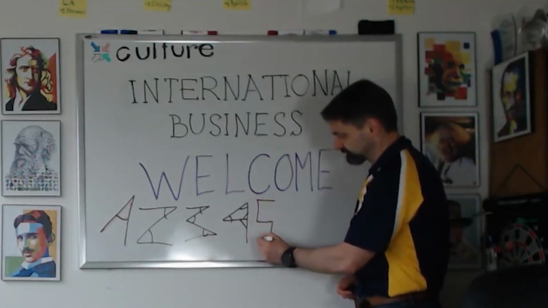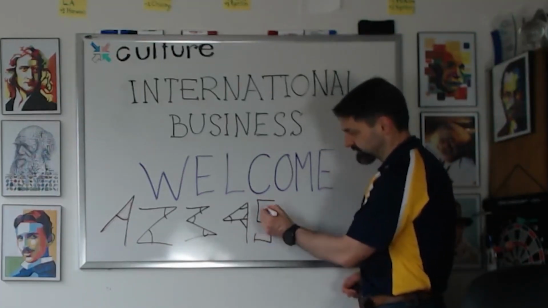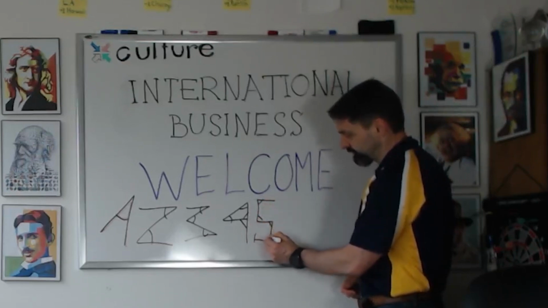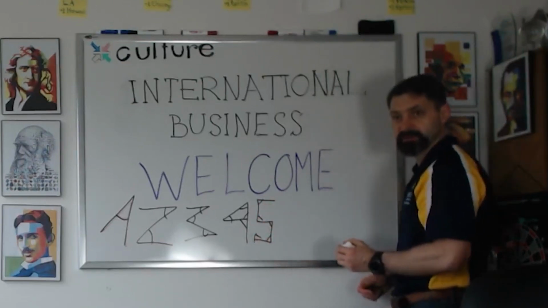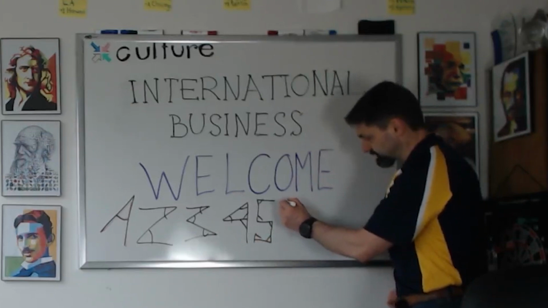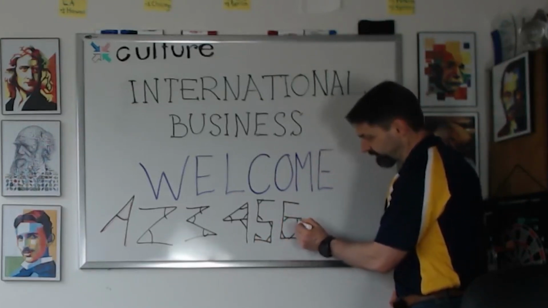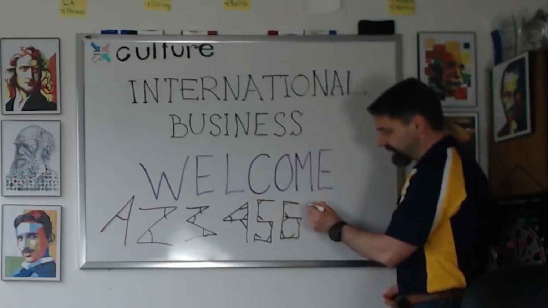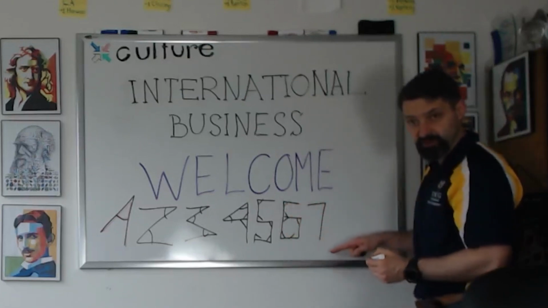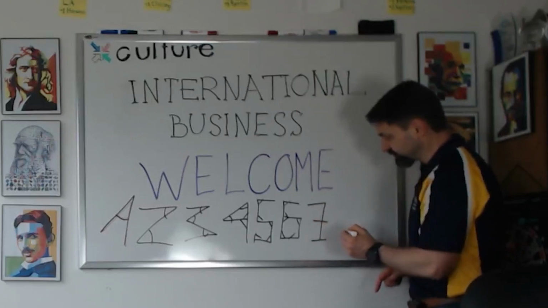5 like this. 1, 2, 3, 4, 5. Right? 6 is like this. So 1, 2, 3, 4, 5, 6. Now European 7 has that cross because that's what gives you 7 angles.